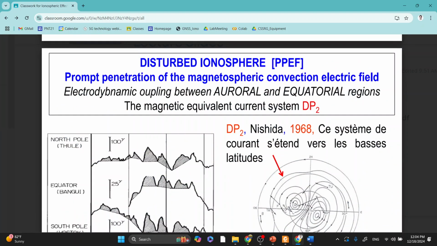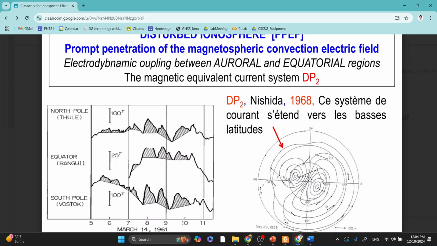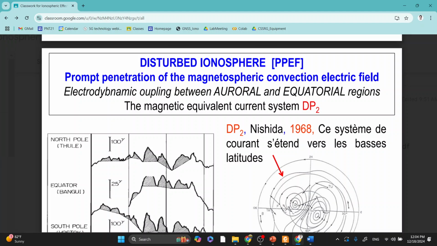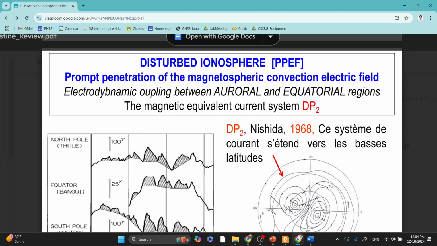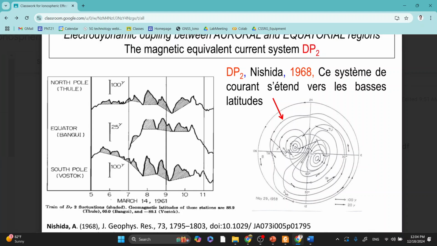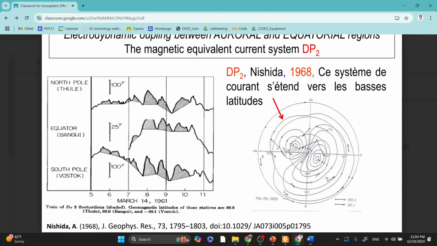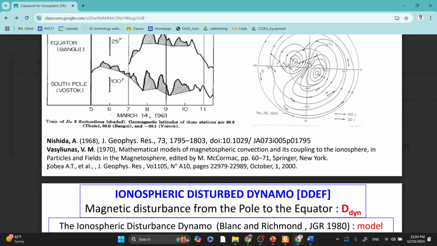The PPEF is the prompt penetration of magnetospheric convection electric field, meaning that during the storm, there's some type of very quick penetration of electric field to the ionosphere, and one of the parameters called dp2 is used in order to determine this type of dynamics or phenomenon.